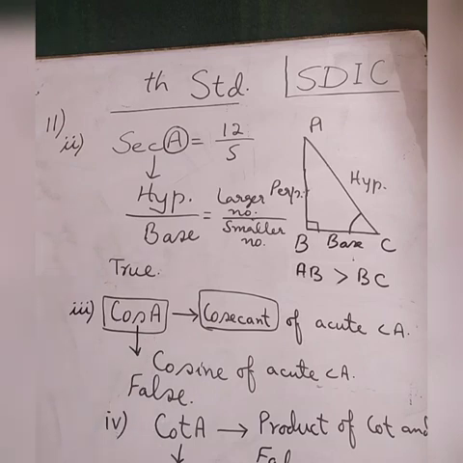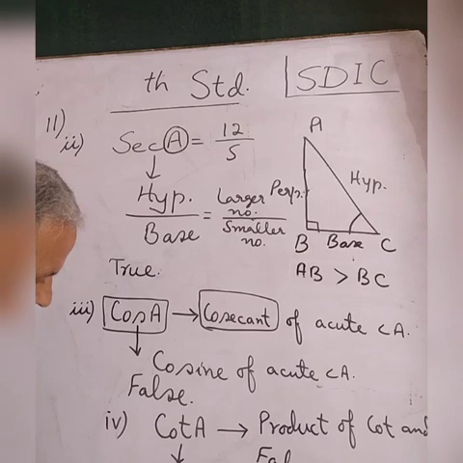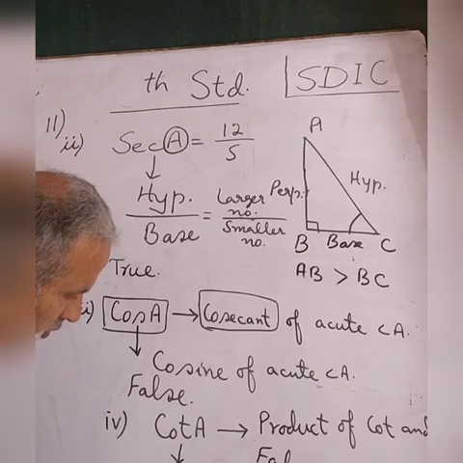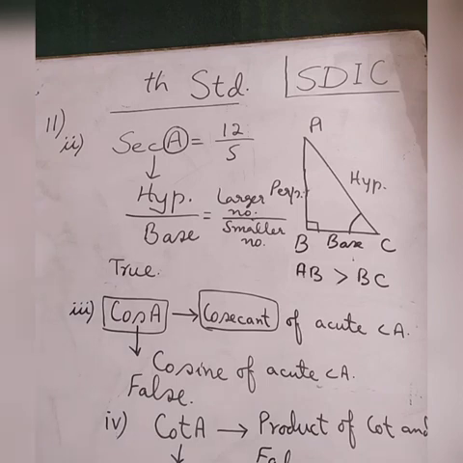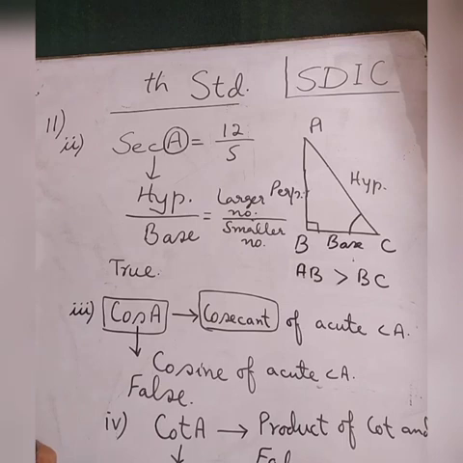Now coming to sine, sine we know is perpendicular by hypotenuse, by definition. Therefore, what will you say? It is the ratio of larger number by smaller number, or smaller number by larger number. We know hypotenuse is the longest side.